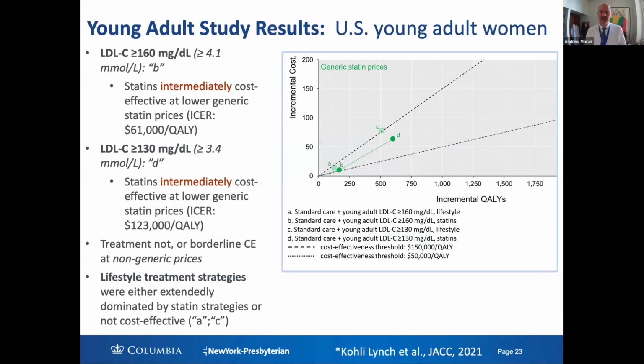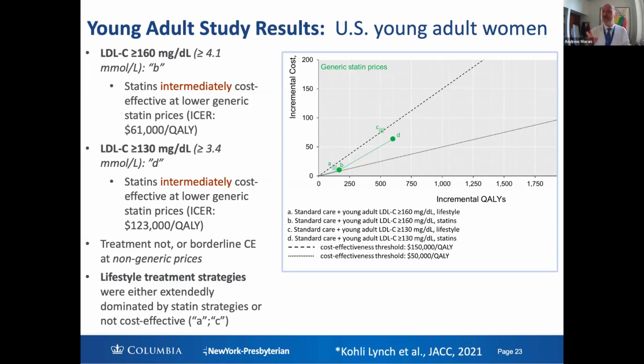So now getting to our main results. If you're not familiar with cost effectiveness analysis, I'll orient you a bit. What you're looking at in this figure is called the cost effectiveness plane. On the y-axis, we have increasing costs as we go upward, and on the x-axis, as we go left to right, you have increased QALYs. So moving left to right on the x-axis, you're getting more health, and moving up the y-axis, you're getting greater costs.